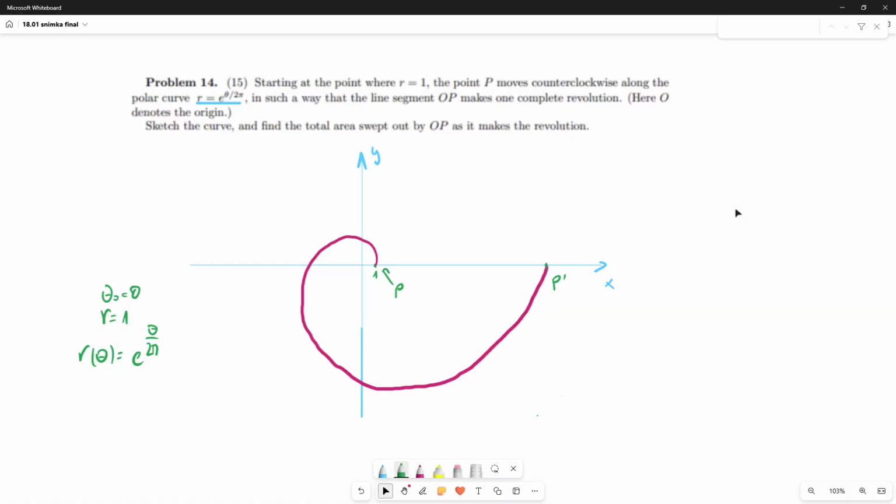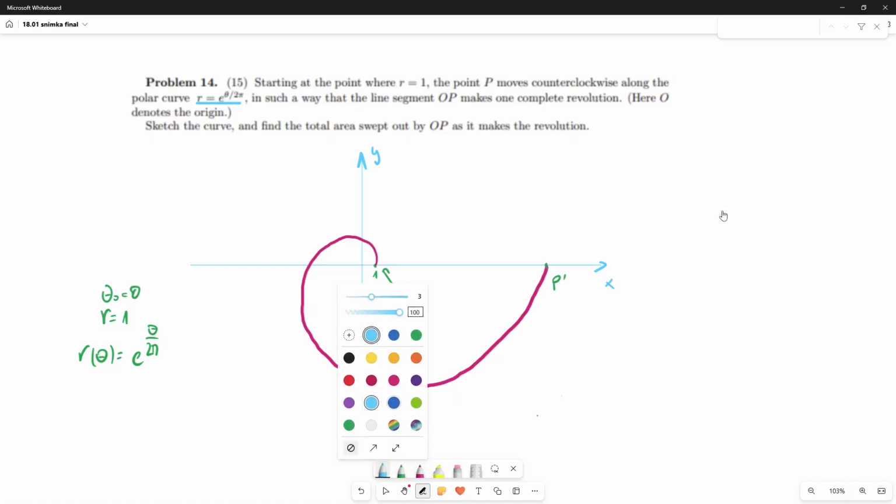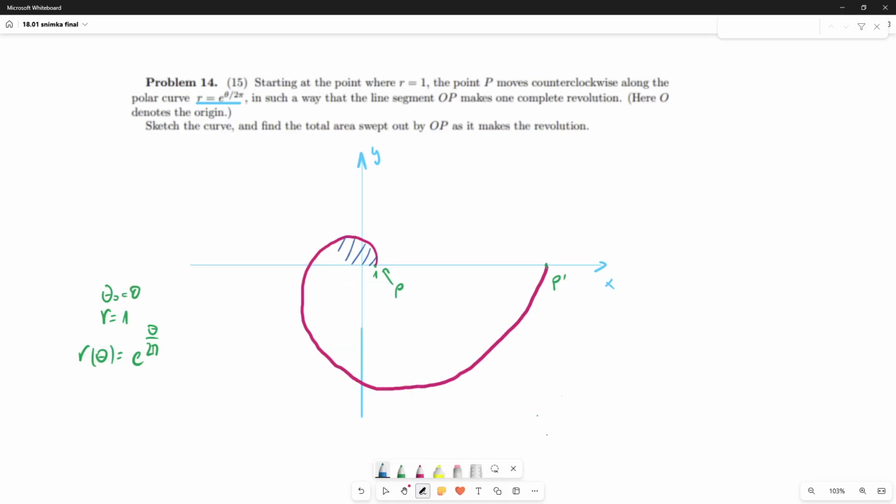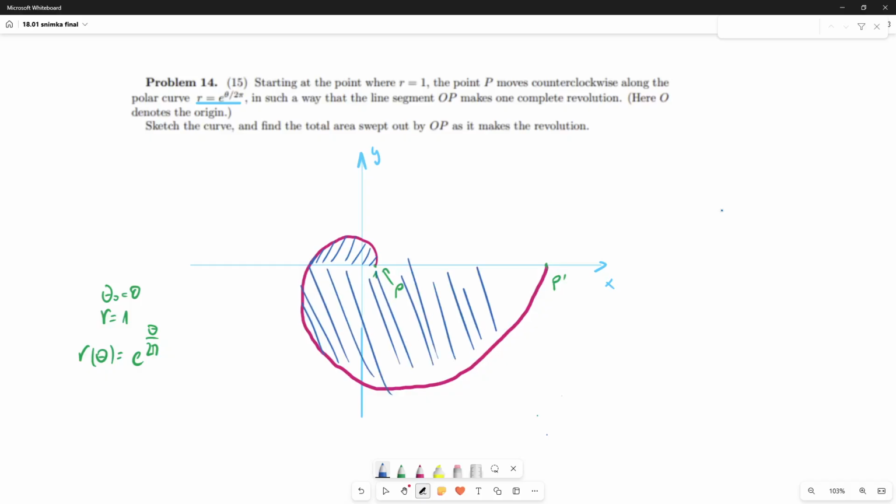Now we need to find the total area swept out by OP as it makes the revolution. Obviously, trying to integrate and find this area over here would be a very difficult task if we were to work in the Cartesian XY coordinate system.